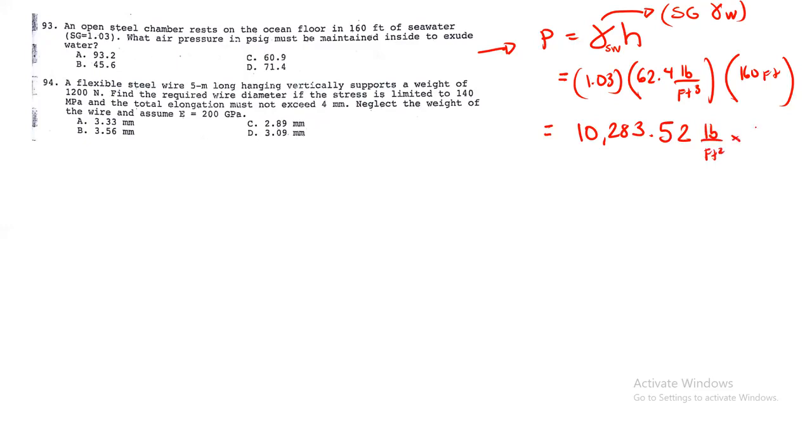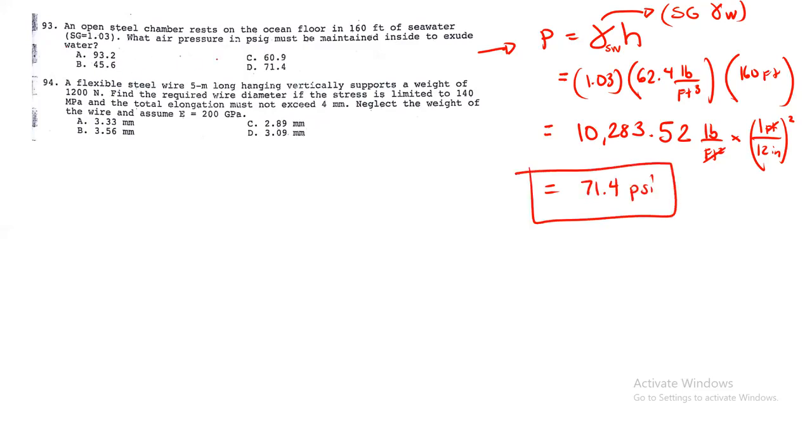So i-convert natin times 1 feet per 12 inches squared. So makancel tong feet squared, magiging PSI na to. So sagot dito is 71.4 PSI. So 71.4 PSI, that's D. The next, 94.